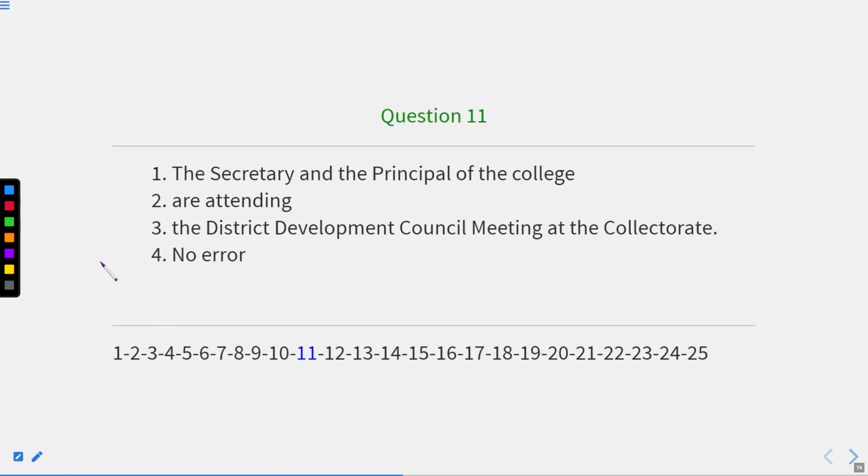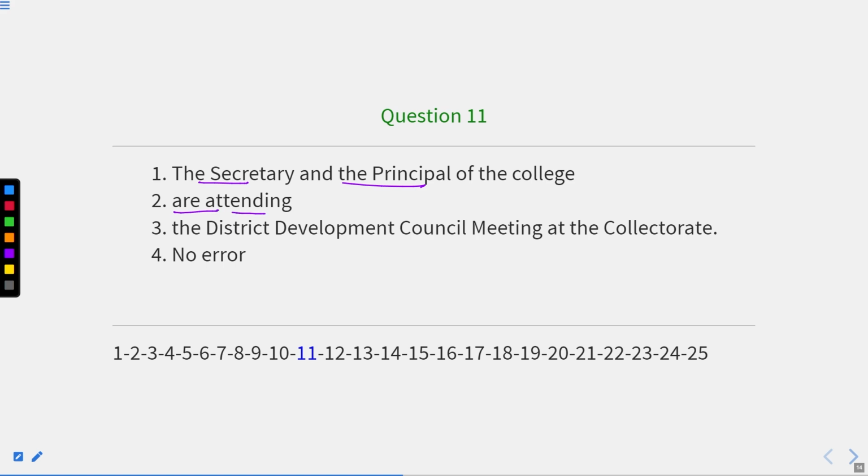The secretary and the principal of the college are attending the district development council meeting at the collectorate. Now, in this sentence, we can see the secretary and the principal. So, these are two different people, who are connected with the conjunction and. Whenever we write two nouns and we have used an article before each, we should use a plural verb with it.